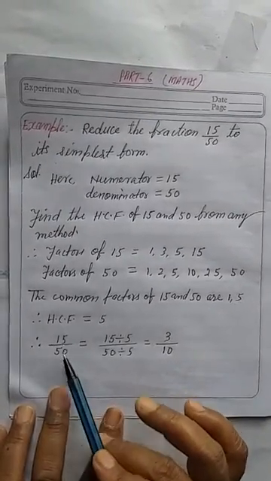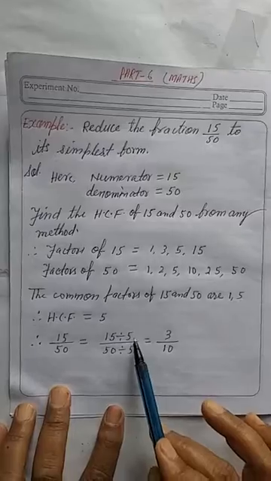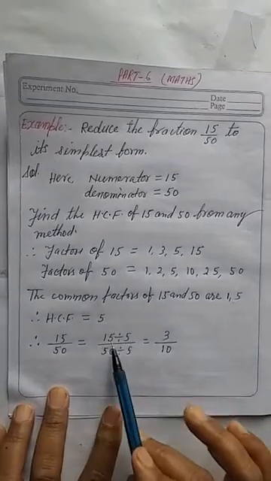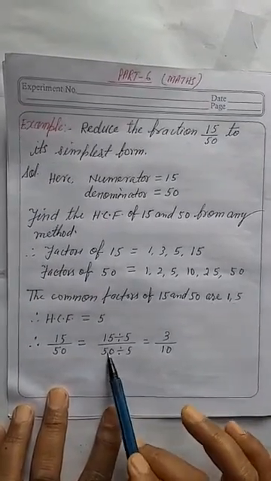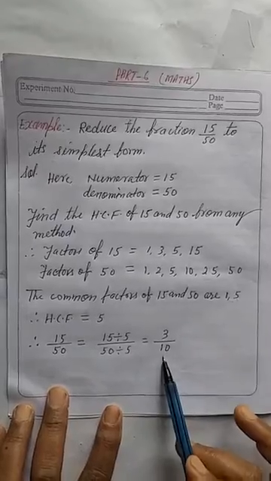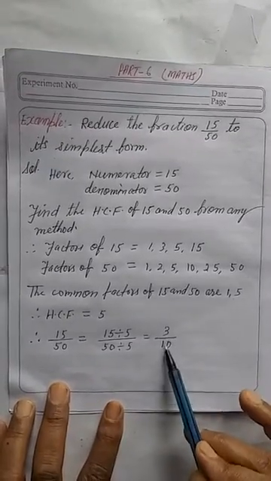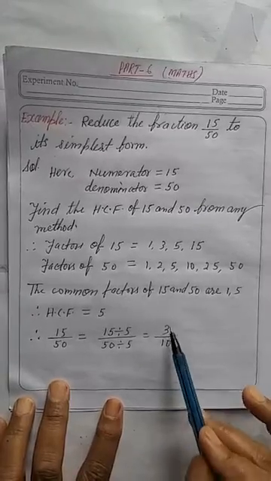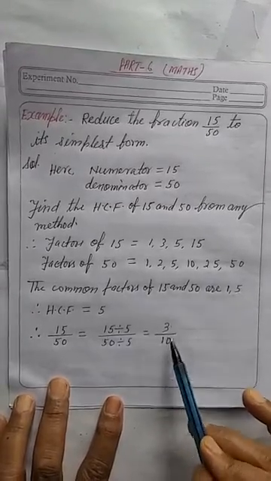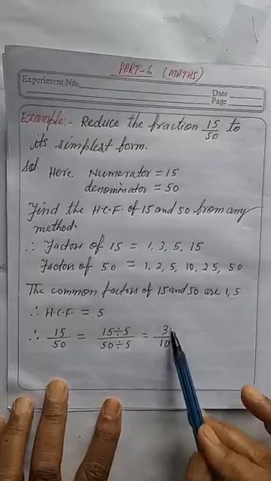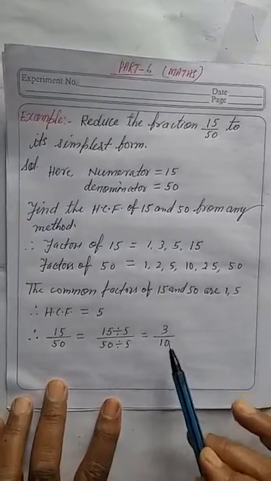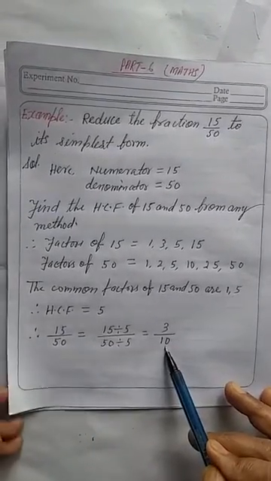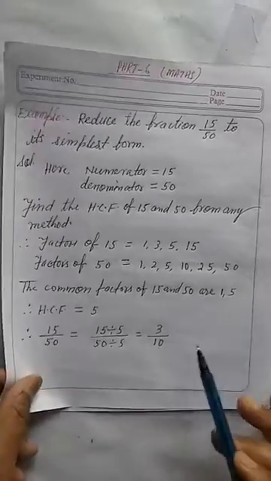Therefore, for 15 upon 50 we divide both by 5. 15 divided by 5, 50 divided by 5, gives 3 upon 10. This is in the lowest form, the standard form. If you find the HCF of 3 and 10, you will get 1, not other than 1. In this way we can take examples and do more and more questions.